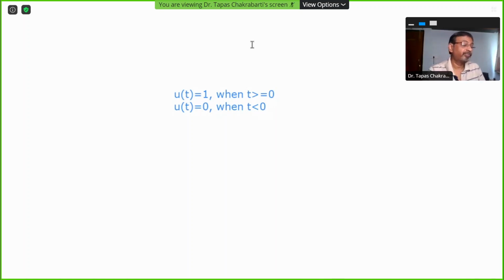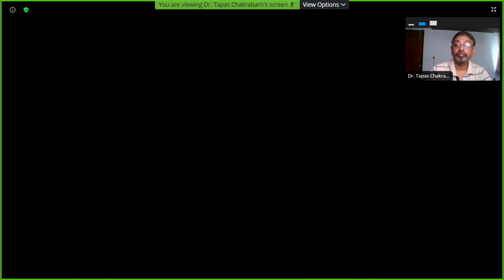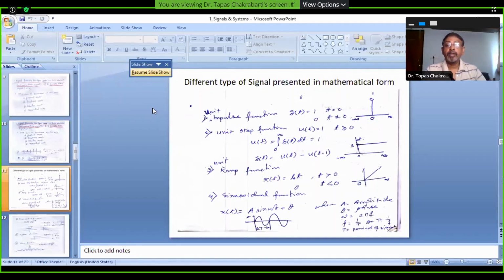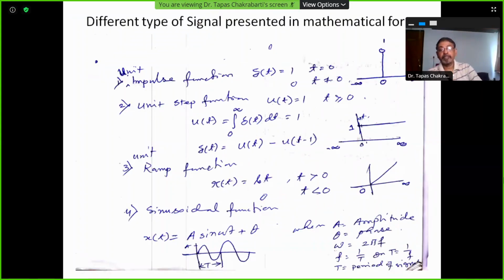Next one is the ramp function. The ramp function is any one type of equation, that is r(t) equals bt.